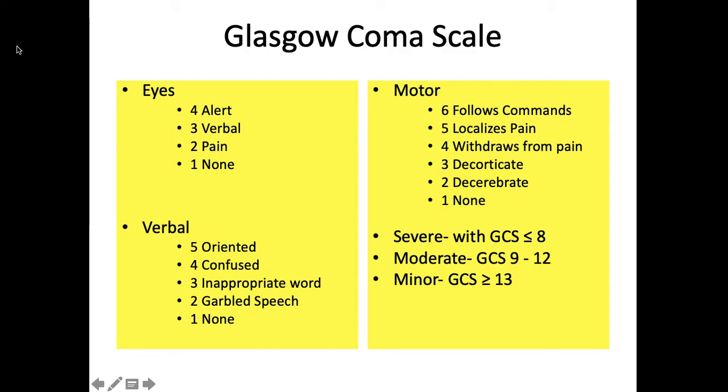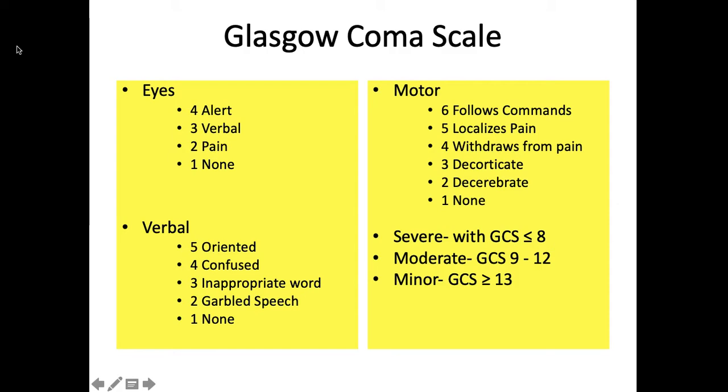Now motor is essentially, do they follow commands? So as you're speaking to the patient, they're talking to you, or they're aware of your presence. You might ask them to raise their hand or to point to where it hurts. Well, if they can do either of those, they follow commands, so they would get a 6 on this scale.